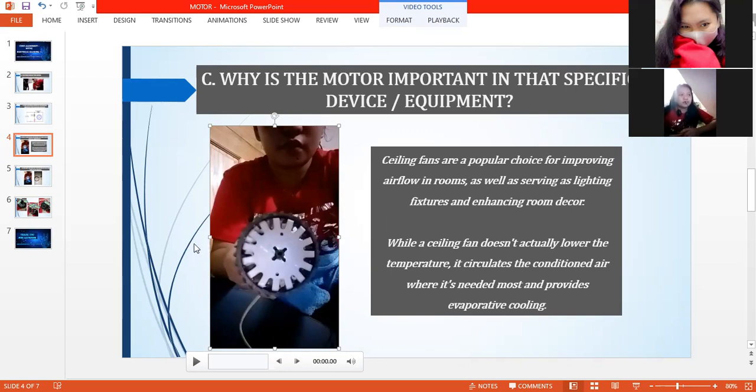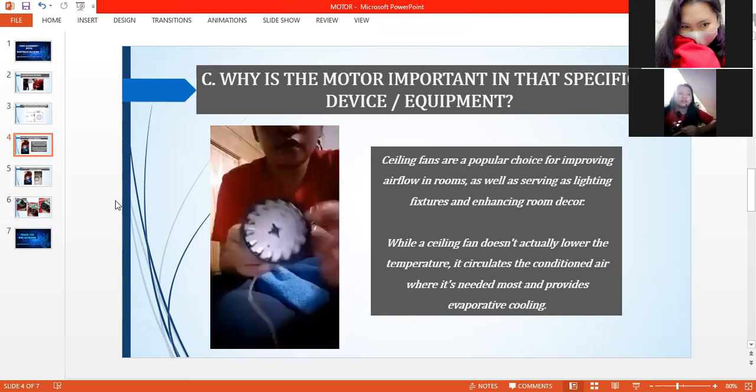So that is for the letter C. That is why the motor is important in that specific device, because it helps us receive cool air. The main work of the motor of our ceiling fan is to give the motion to the appliance.